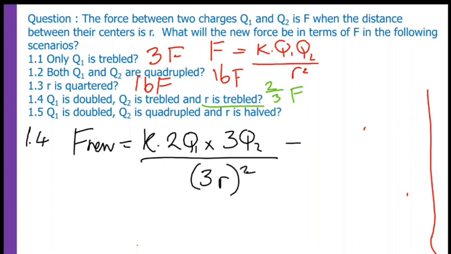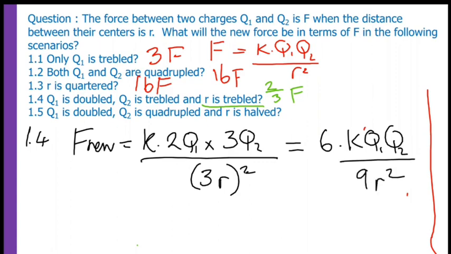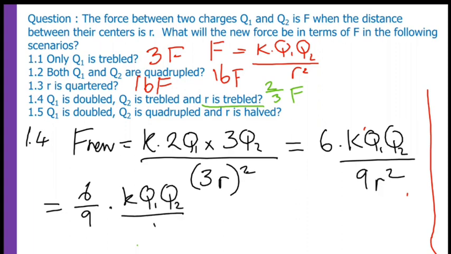Right, this will give you 2 times 3 is 6, so we're going to have 6 of K Q1 Q2 all over 3 squared is 9. This is 9R squared. We can take out the 6 over 9 there. We're going to end up with 6 over 9 times K Q1 Q2 over R squared. 6 over 9, we've just shown that it's 2 over 3 times K Q1 Q2 over R squared, which is the same as 2 over 3 of F.